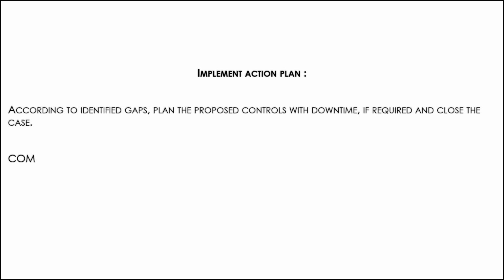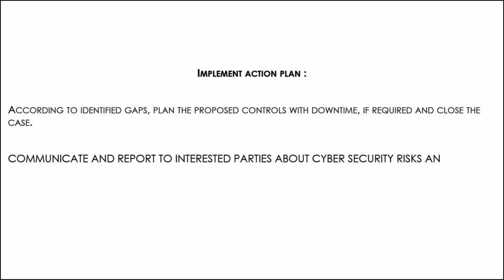After this, we need to implement the action plan according to the identified gaps, plan the proposed controls with downtime if required, close the vulnerability cases, and communicate and report to the interested parties about the cybersecurity risk and what is being done to mitigate them. After identifying gaps, we have a list.